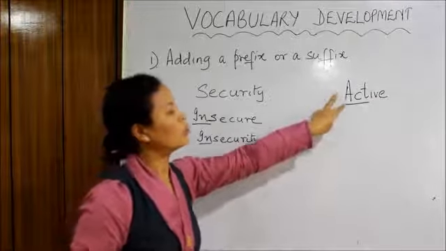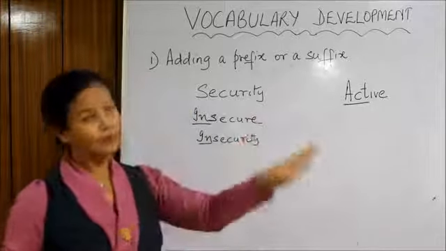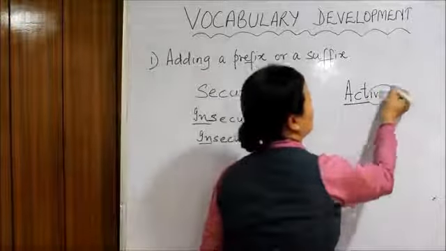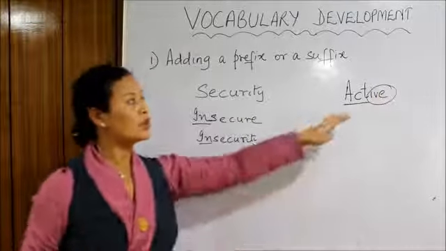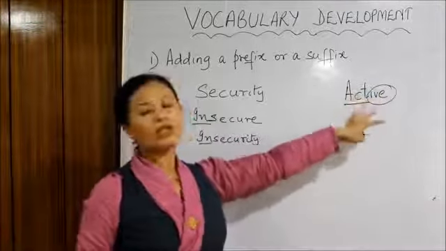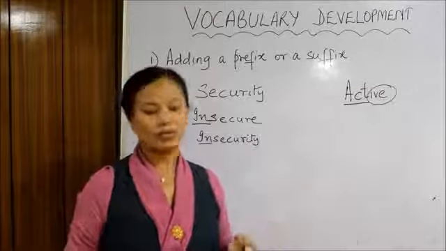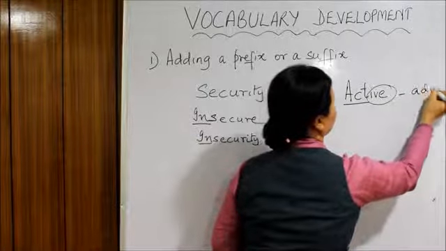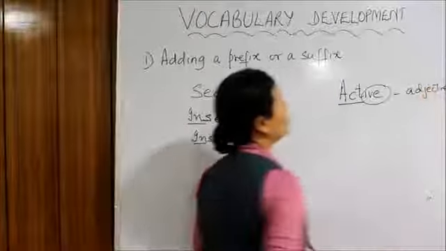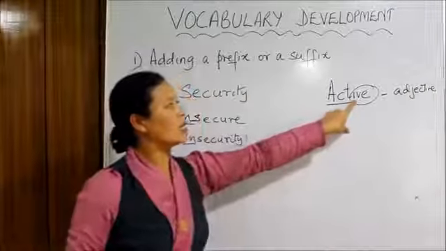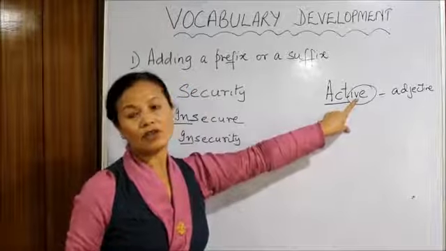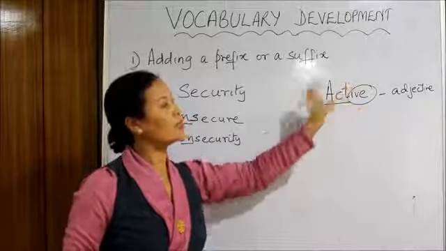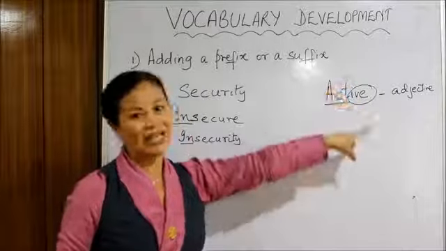If you know the meaning of act, and you have an idea about the suffix IVE, which usually changes a word into an adjective, then active is an adjective. So you need to remember this IVE, adding a suffix. If you have knowledge of this suffix, you get the meaning of the word active as well.